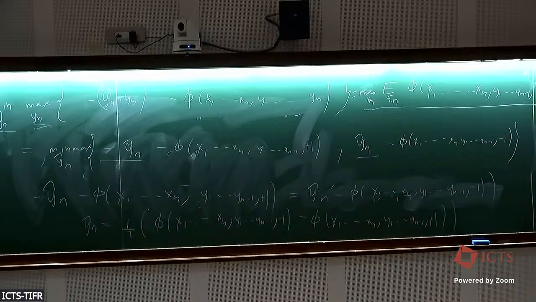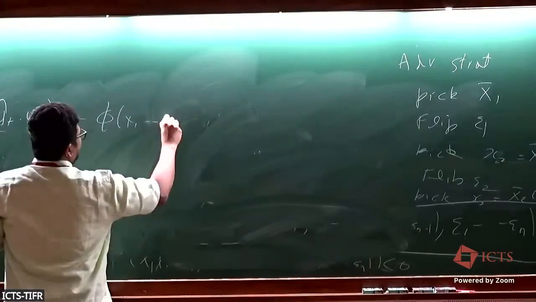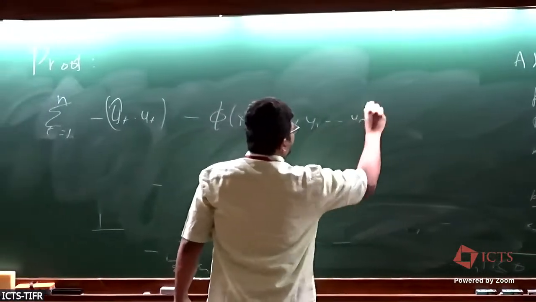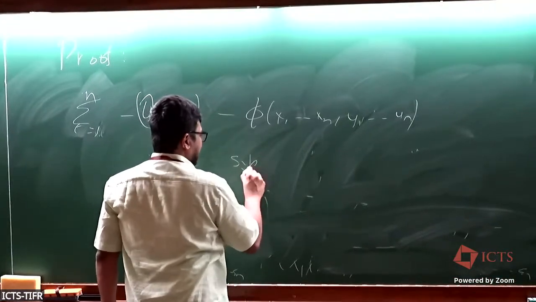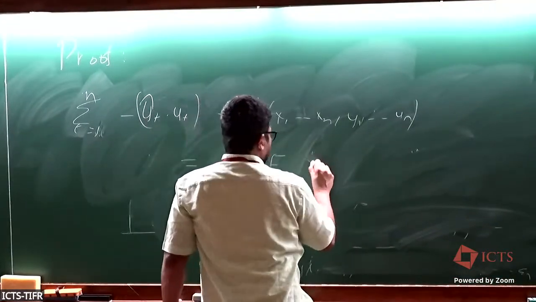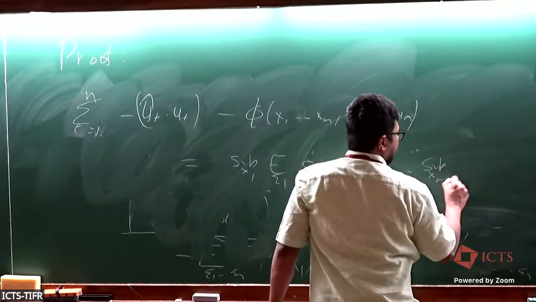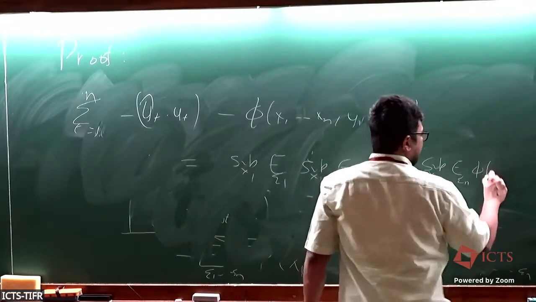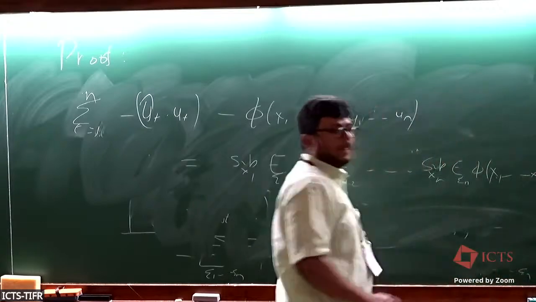Irrespective of what x's and y's the adversary picks, you would get that the sum over t from 1 through n of minus y hat t times yt, minus phi of x1 to xn, y1 up to yn, for the optimal strategy would basically be equal to supremum over x1, expectation over epsilon 1, supremum over x2, expectation over epsilon 2, all the way up to supremum over xn, expectation over epsilon n, of phi of x1 through xn, epsilon 1 through epsilon n. Okay?